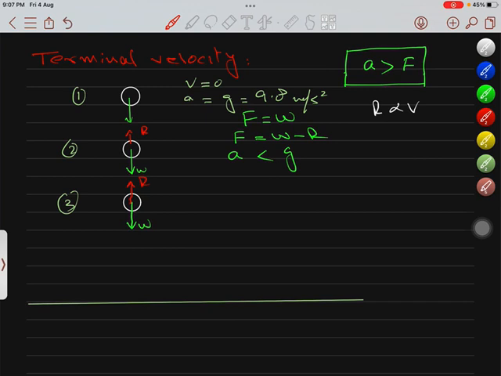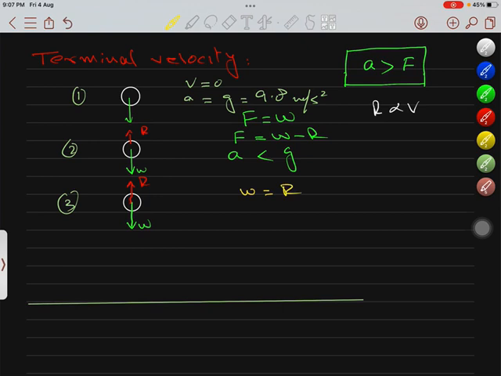Be careful when you're drawing the arrows: when you say that both are equal, try to make both arrows equal as well. It's not necessary that you measure the two things, but what you can do, try to make them equal. Okay, so when I say that resistance and weight are equal for position number 3, weight is equal to the resistance.